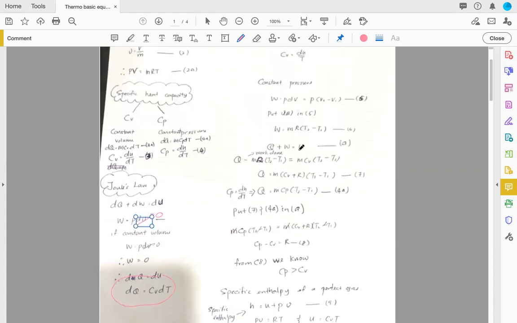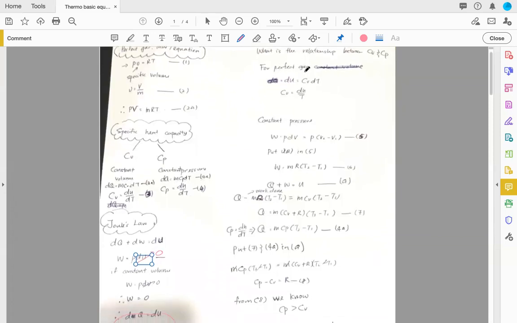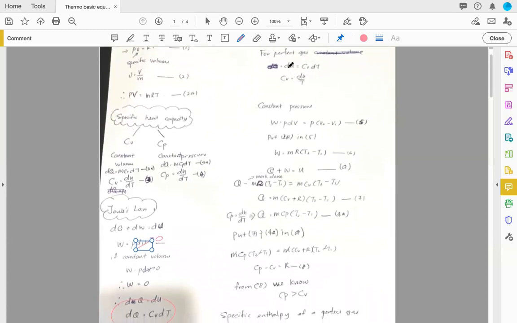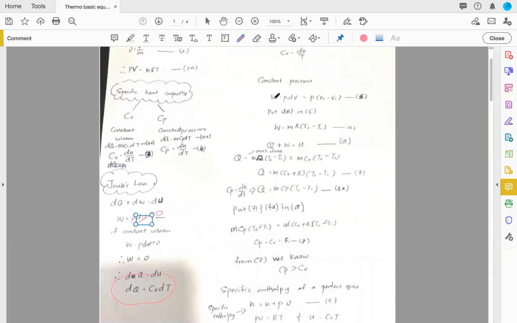Okay, so let's go to the relationship between CV and CP. For perfect gas, delta U equals CV delta T. We can move around, so we have CV equals dU over dT, which is the same as equation number 3. At constant pressure, the work equals P delta V. At this point, the delta V keeps on changing, correct?